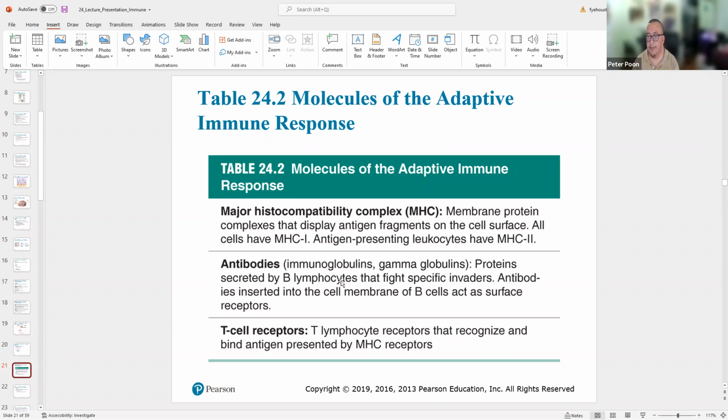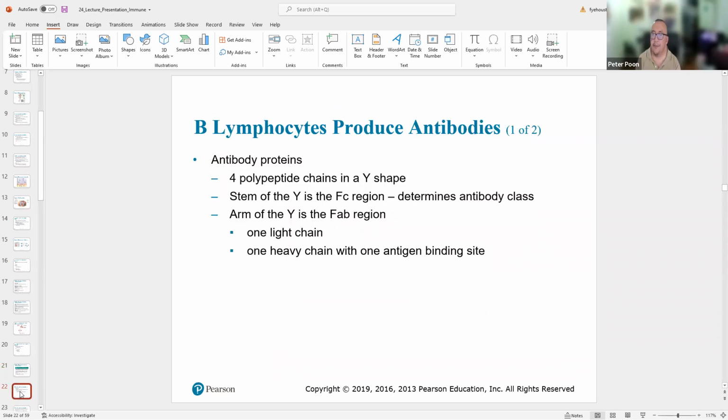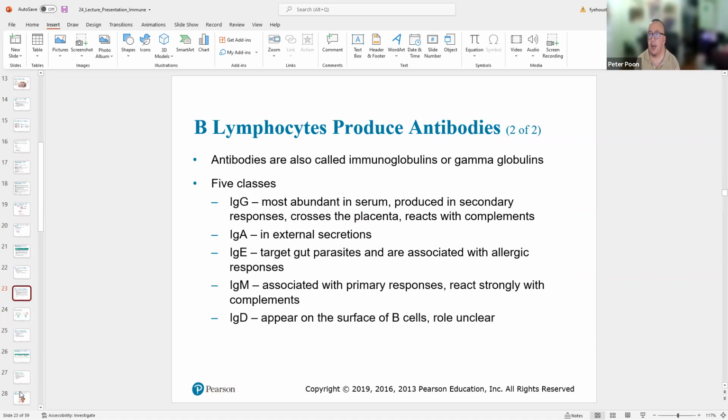Let's talk about antibodies further. There are 5 classes of antibodies, so you should definitely know what these 5 classes are.